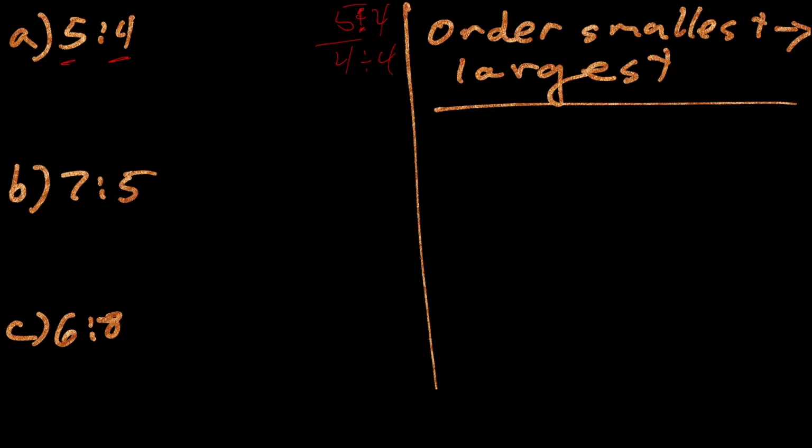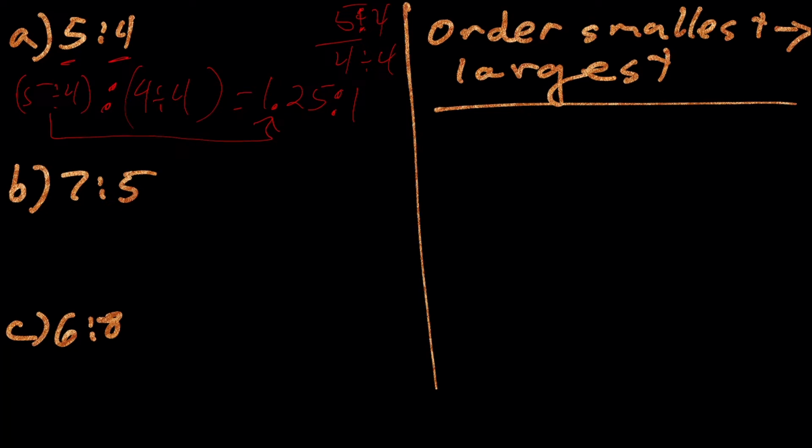So this would be 5 divided by 4 on top, and 4 divided by 4, and this is equal to 1.25 to 1. Or we can just say 1.25. That's the ratio.